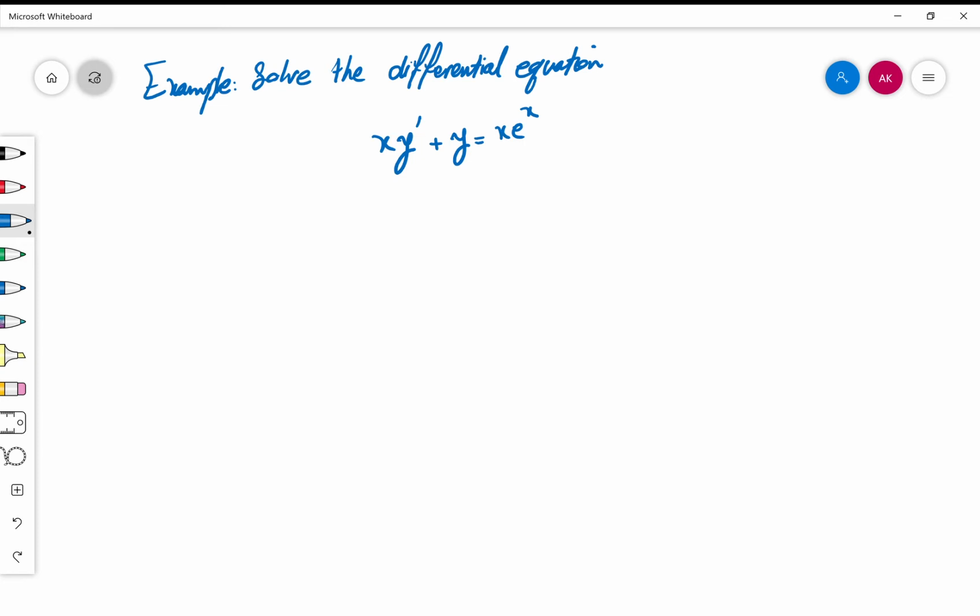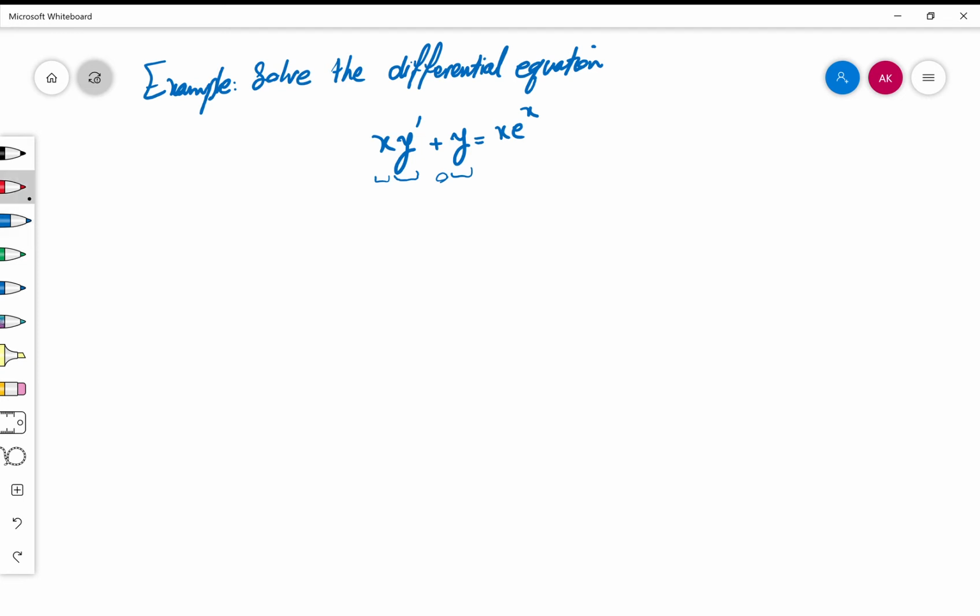What you need to be able to check is whether it is separable or linear. When you look at this equation, you have y prime times a function of x plus y times a function of x equals a function of x.